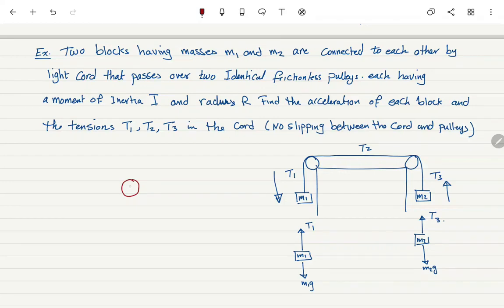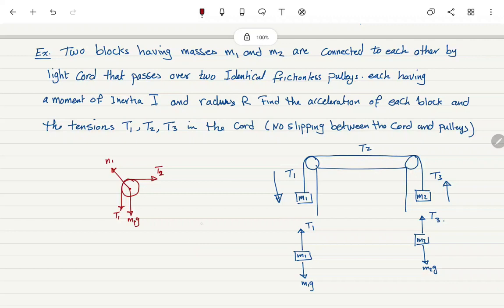On pulley 1 here we have T2, we have T1, we also have the weight of this pulley, and we have the normal force at the central axis of the pulley.